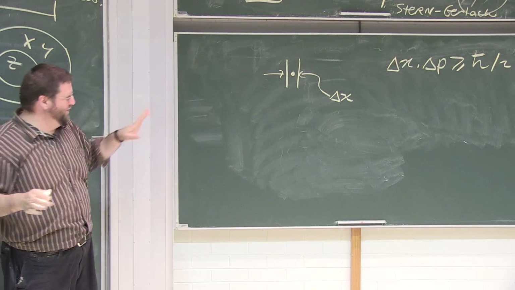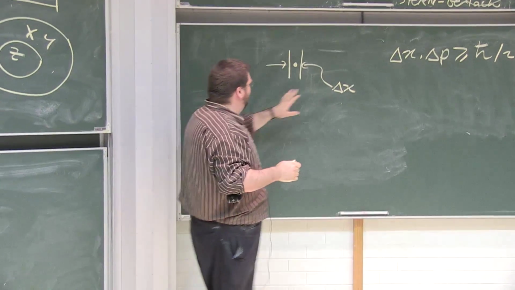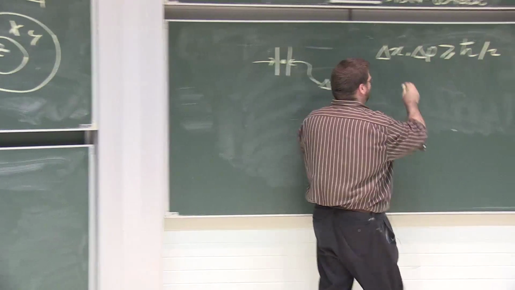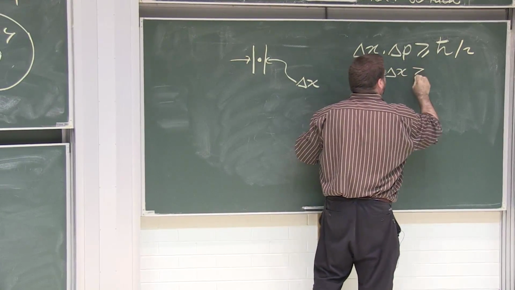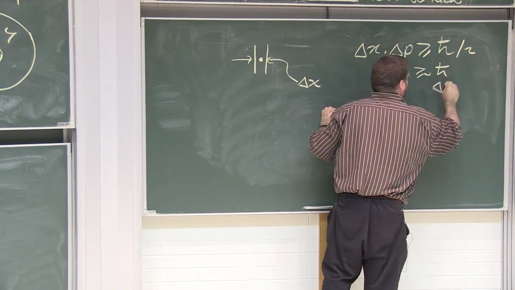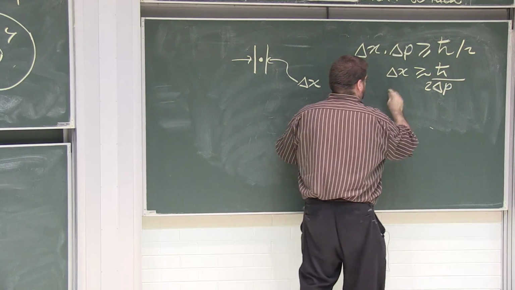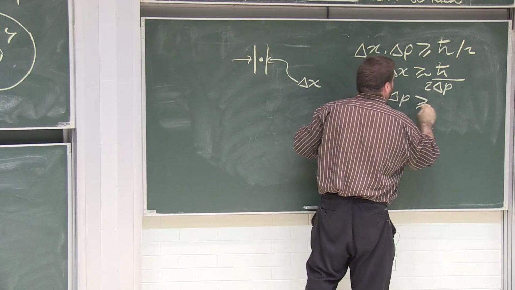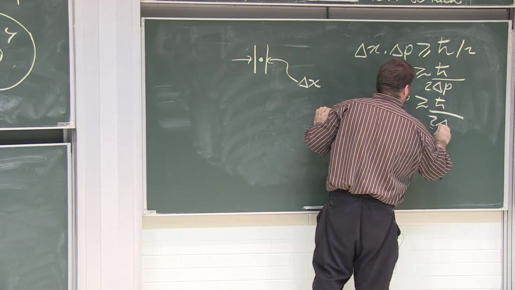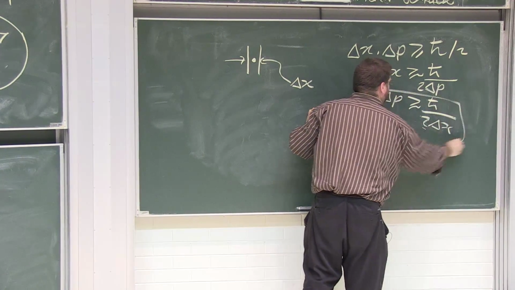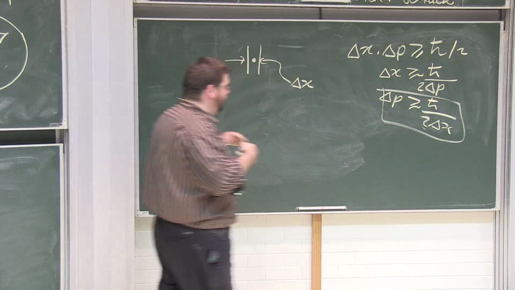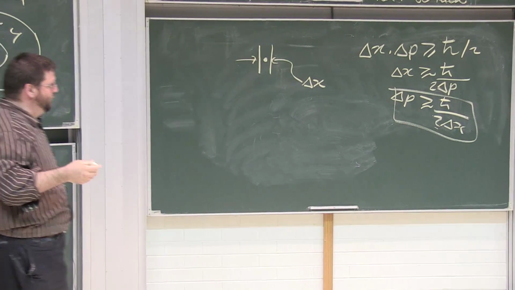In the context of a back-of-the-envelope calculation, the point is that the smaller delta x is, the bigger delta p will be. The smaller delta x is, the more uncertain the momentum will be.